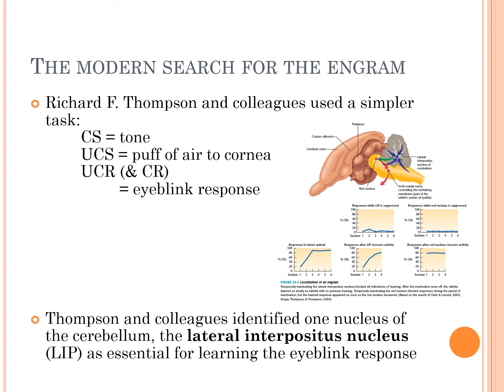Okay, and what they're showing, as we move off to the right in the next pair of figures, is that they have gone in and cooled the lateral interpositus nucleus, or else injected a chemical such that it's turned off or inhibited the lateral interpositus nucleus of the cerebellum, while the rabbit is getting the tone and the puff of air.